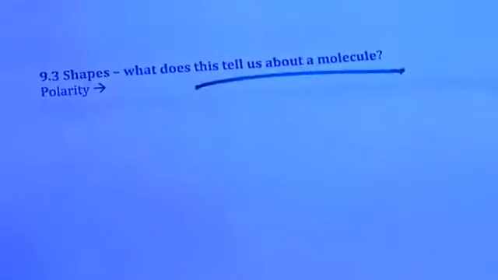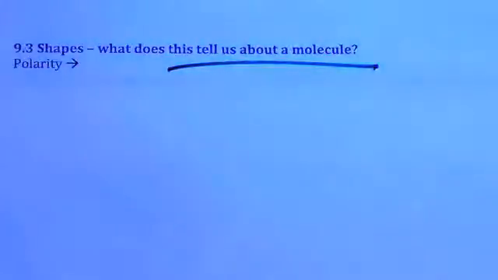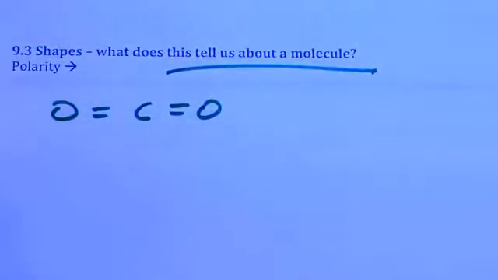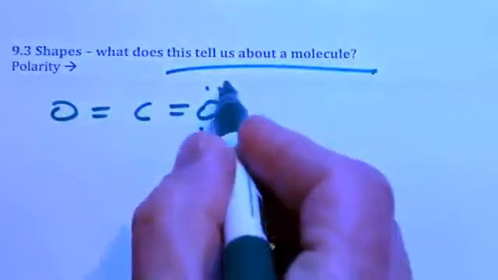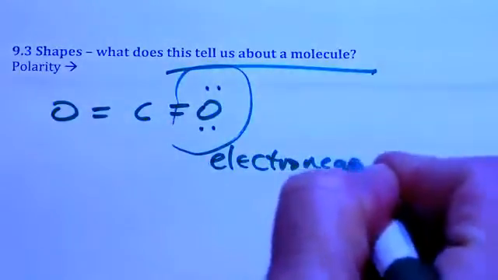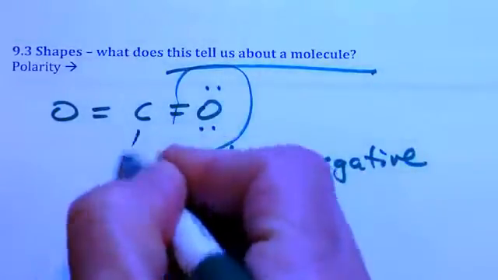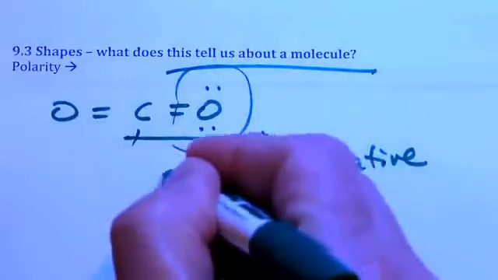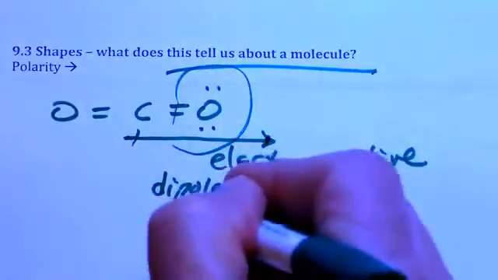The first and most important thing it tells us about a molecule is something called its polarity. And we learned back in chapter 8, that if we have 2 atoms, for example, a carbon and an oxygen, I'll just draw a carbon dioxide molecule down here, and the oxygen atom in this case is more electronegative than the carbon atom, that we can build up what's called a bond polarity or a bond dipole moment.